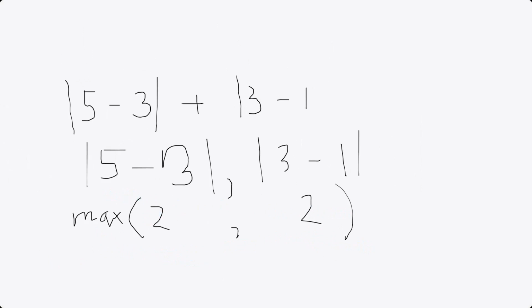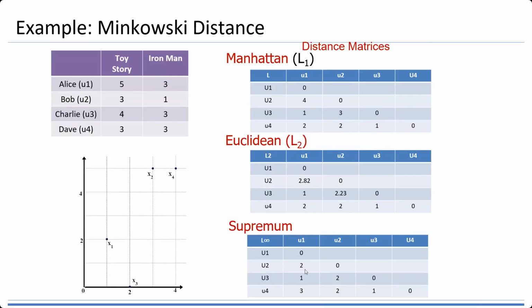So that's why we will put the distance as 2 between user 2 and user 1. And so on. Okay, so you can try to measure based on this data.